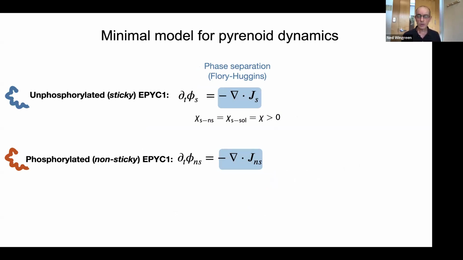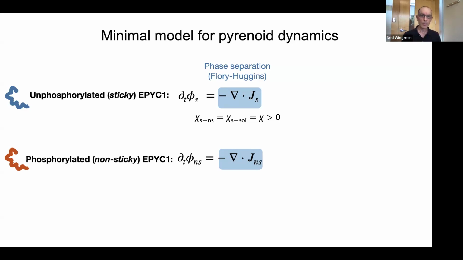The first term in those is just the divergence of a flux, telling you that the rate of change locally will depend on the divergence of the flux, where that flux will be determined by the free energy of the system, giving rise to chemical potential gradients for the sticky form and the non-sticky form. The sticky form, of course, liking to find other sticky molecules, so we're going up gradients of other sticky molecules. That plus diffusion gives rise to these fluxes.